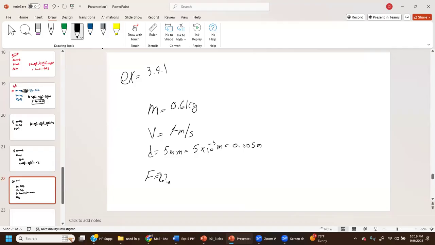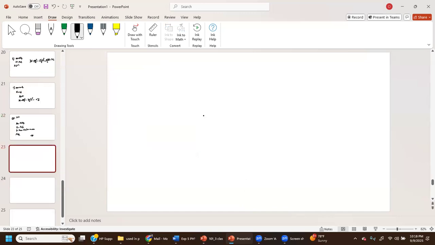And now, let me go ahead and get a new page. You have a hammer that is moving up and down. So let's say this is our hammer over here.